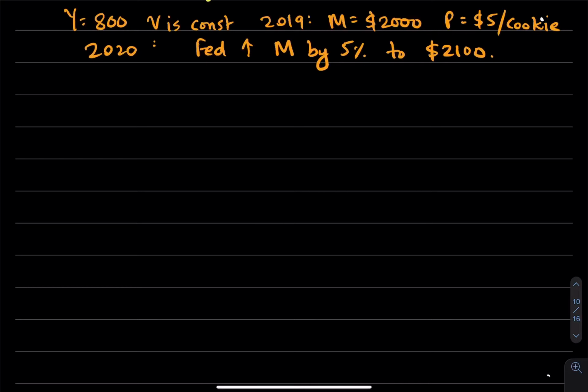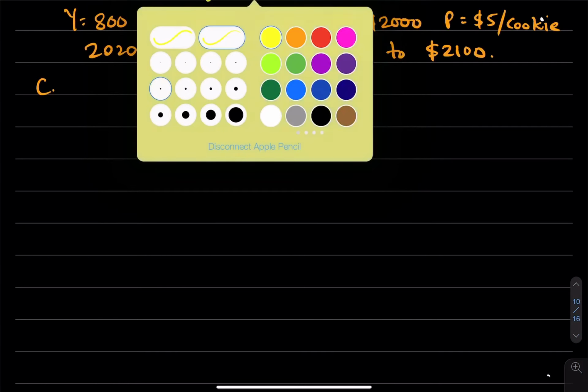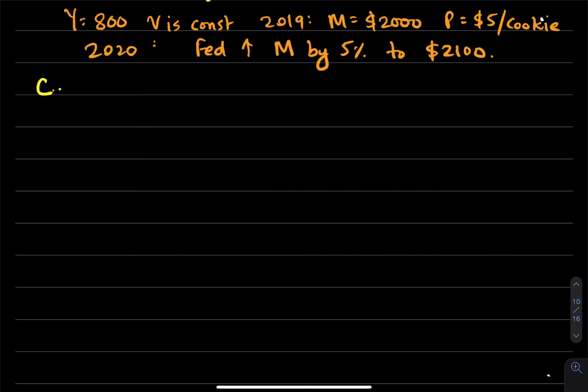Okay, so for this third part, we're saying that in the year 2020, output has increased to 824. That's what we're given. And we are asked to compute the inflation rate between 2019 and 2020.